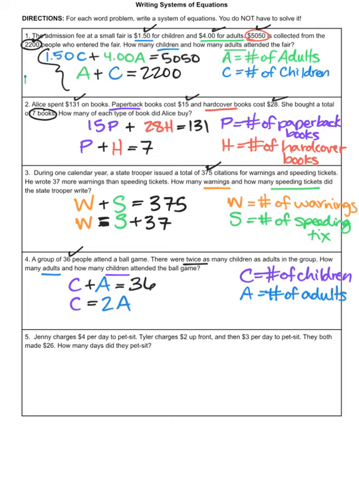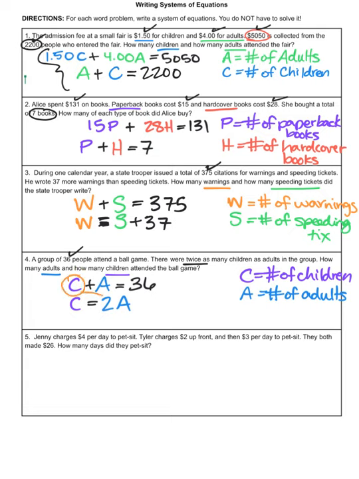If I did want to solve this, I should notice that what I have right here, C plus A equals 36, and C equals 2A, means I could replace the very first C, this one, with 2A, because the number of children equals twice the number of adults. If I replaced that, it would look something like this.